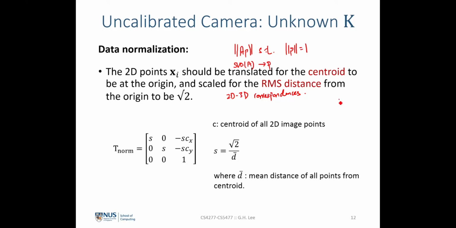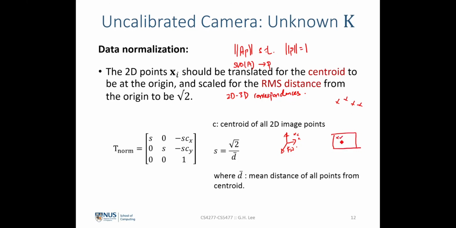For example, for the 3D points over here, we might be given a set of 3D points that are defined with respect to a world frame that is very far away from them, and with some of the points might be very close. From the lecture on homography, we know that if this is the case, this would greatly affect the magnitude of the respective entries in the matrix A, and as a result, it will also affect the SVD result that is used to compute the solution for P. This holds true in the 3D domain as well as in the image frame.